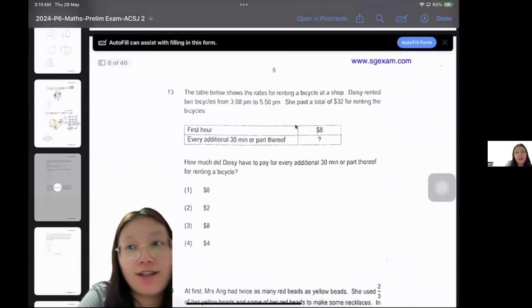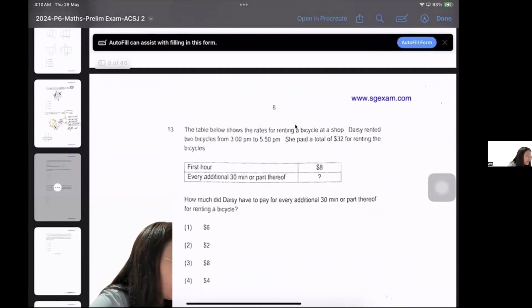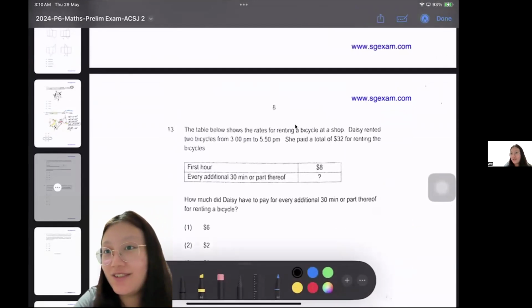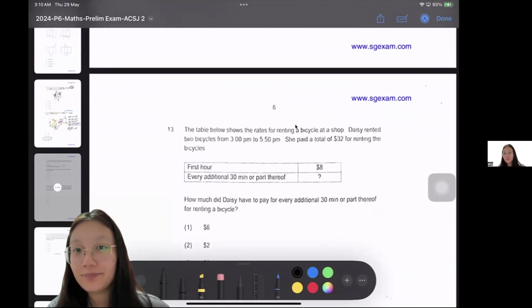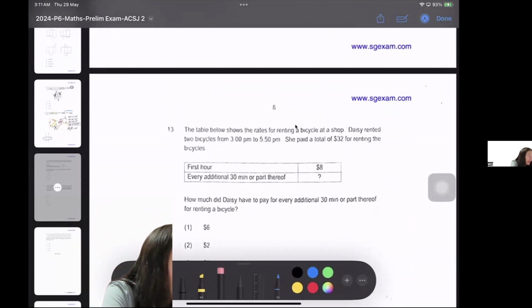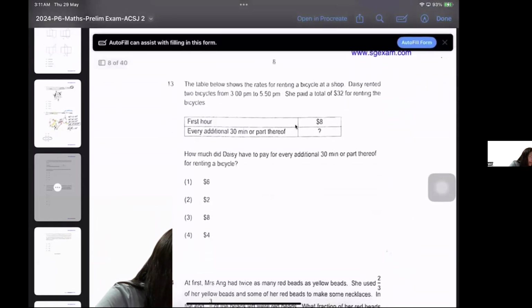Let's just do booklet A for now. The table below shows the rates for renting a bicycle at a shop. Okay, so I'm going to show you how I do it. You need to follow me. You need to underline the question as I'm underlining it as well. The table shows the rate of renting a bicycle at a shop.